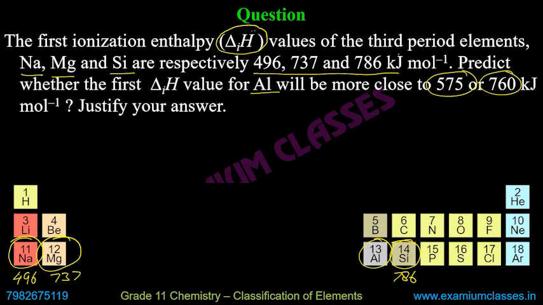The question is about aluminum, whether its ionization enthalpy should be close to 575 or 760. This is the question. Tell me the answer.